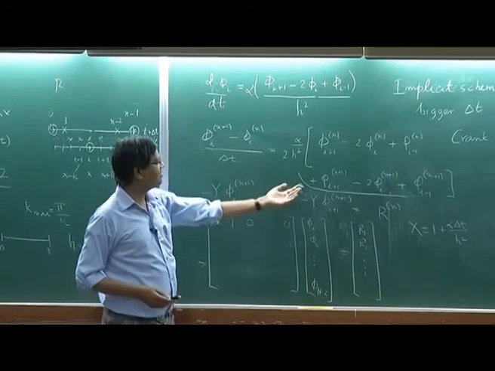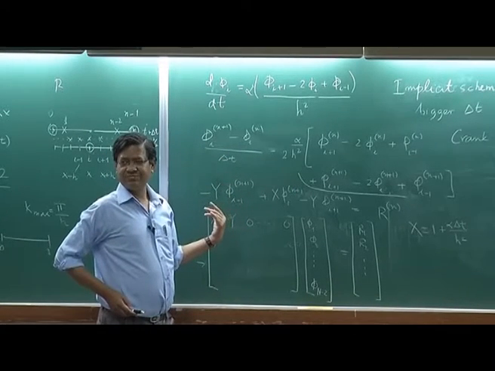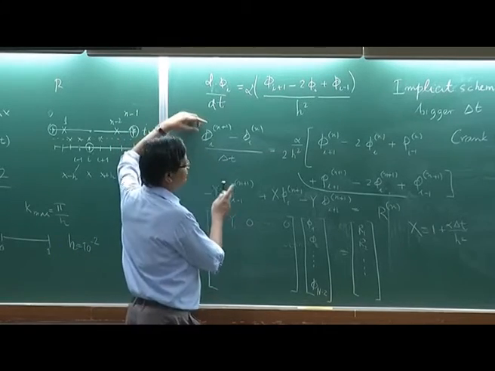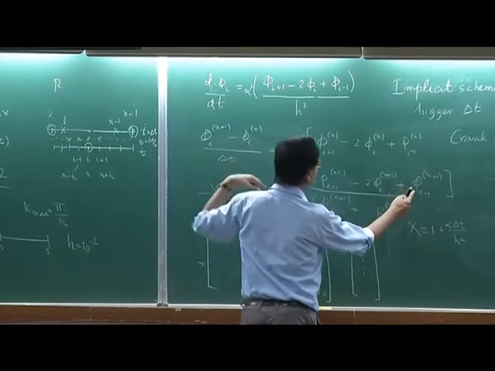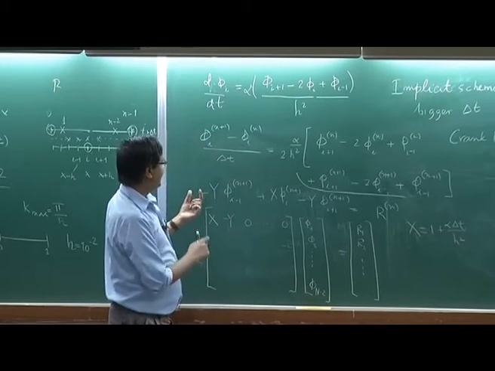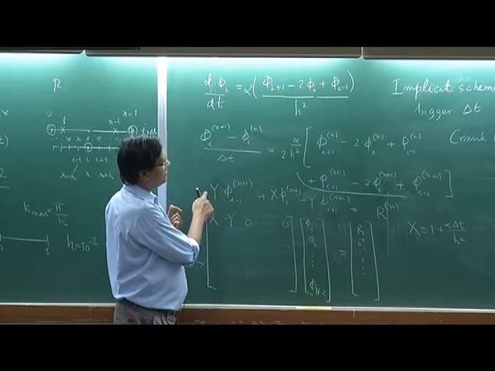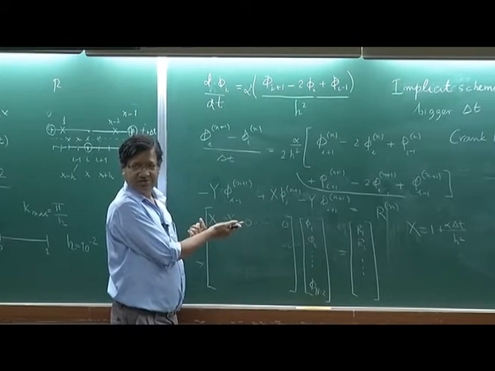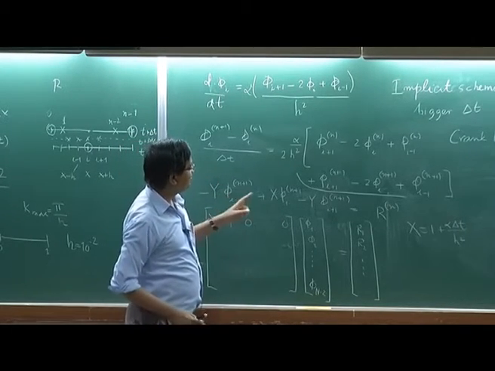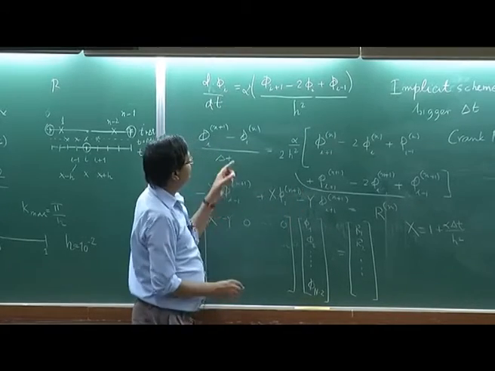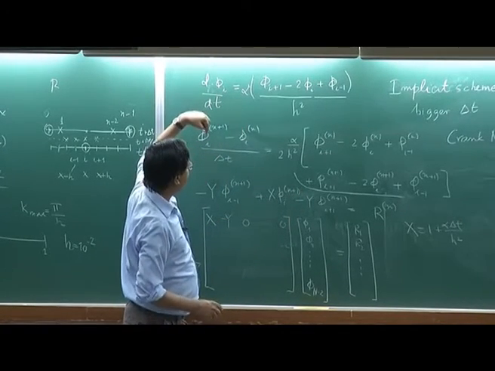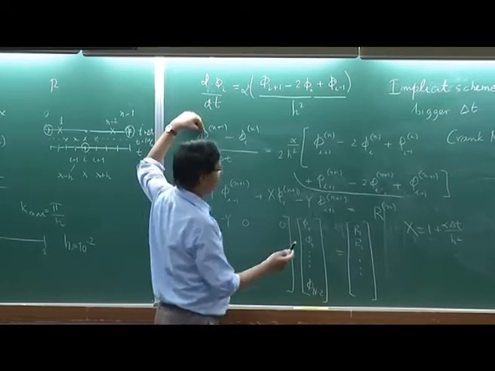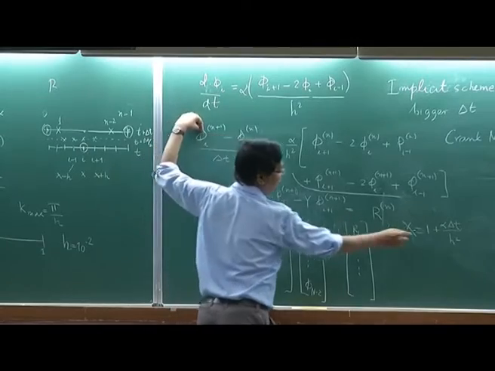So, collect all the terms of n plus 1 to the left. Okay. So, there is the i minus 1 term, which could go to the left, and that will give you minus 2 alpha by h squared delta t, correct. Now, what is n plus 1 for i? There is one term here, so that is one here.